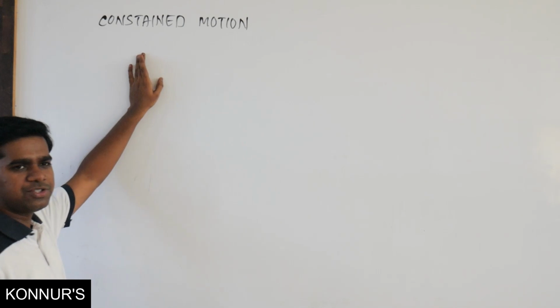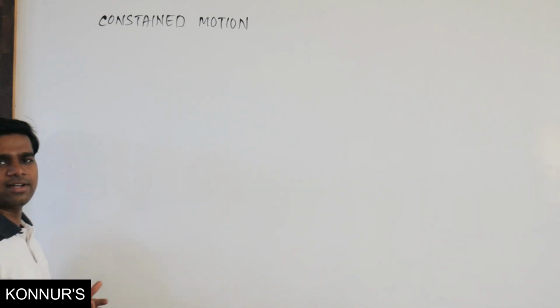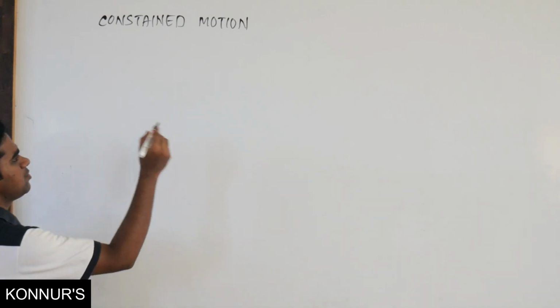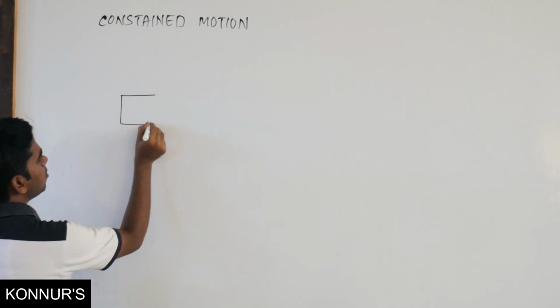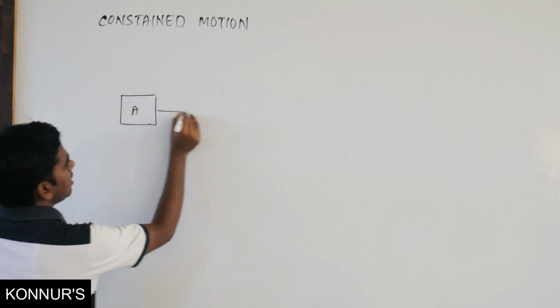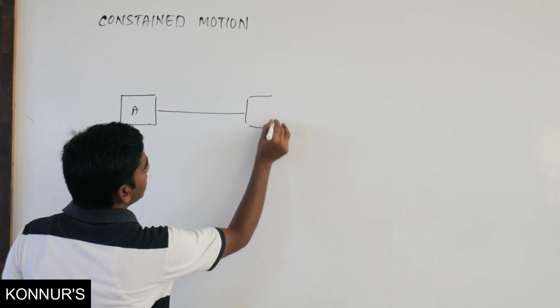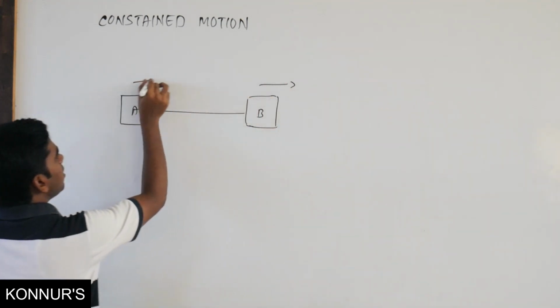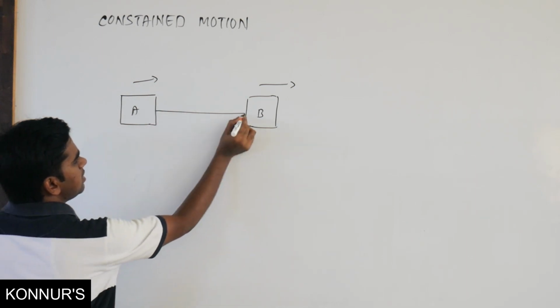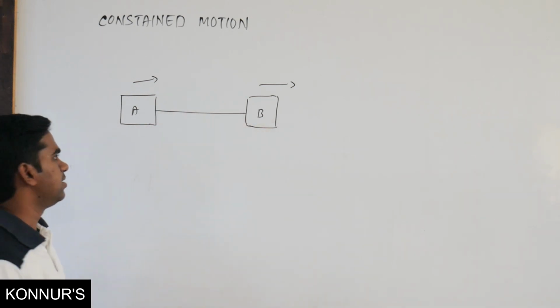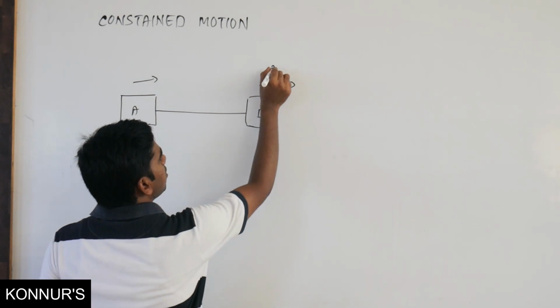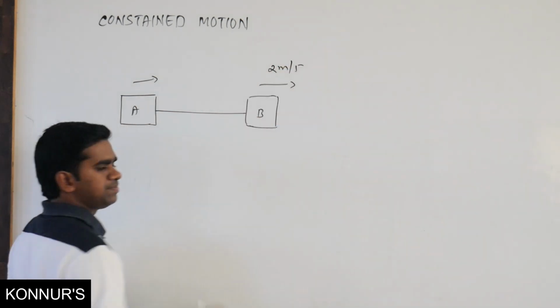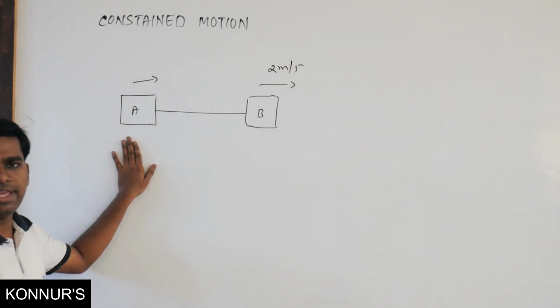Constraint motion means it is just like life after marriage, so one is always connected with another. Suppose body A is here and body B is here. If body B is moving, A will also move because they are interconnected by a string. Suppose it is moving with a velocity of 2 meters per second. What about the velocity of A?